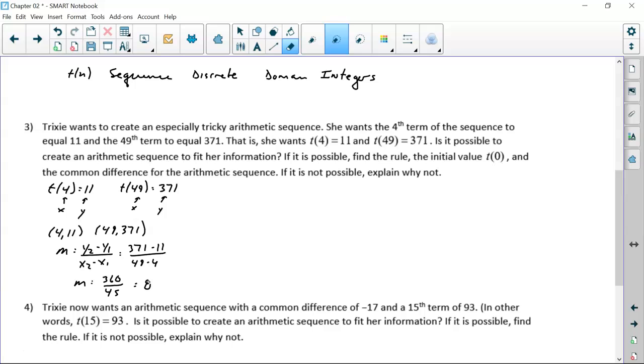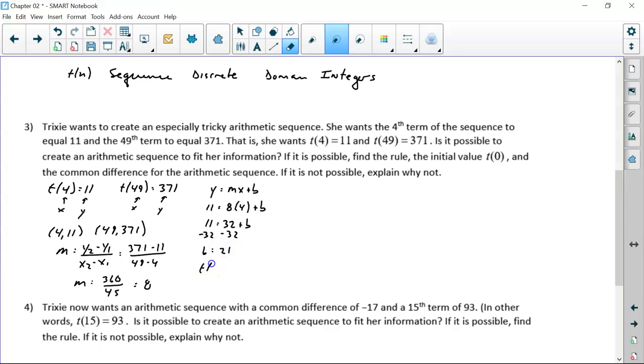Now we need to find our y-intercept, our starting point. Remember, arithmetic sequences are linear. y equals mx plus b. I can pick either one of the points. I'm going to use (4, 11) because I feel like it. 11 equals 8 times 4 plus b. 11 equals 32 plus b. Subtract 32 from both sides. b equals -21.